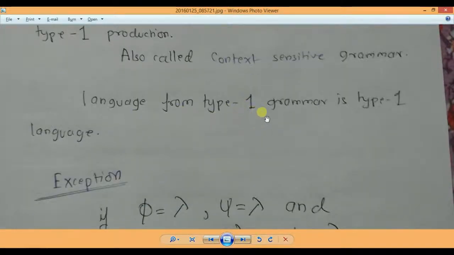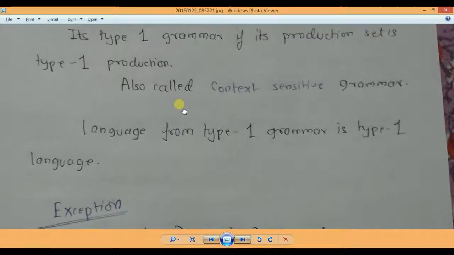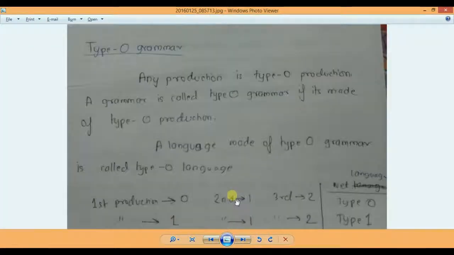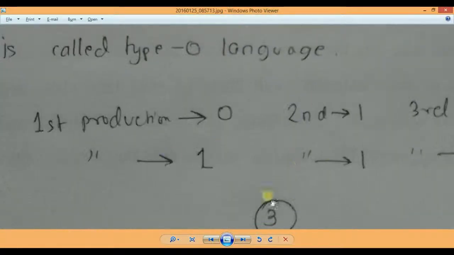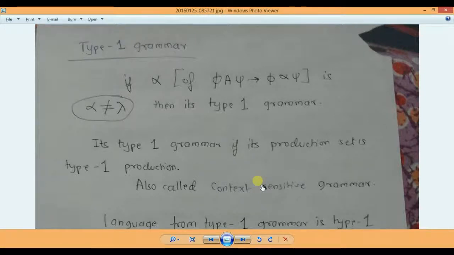Language from type 1 grammar is type 1 language. So the important thing to note here is the condition which will satisfy grammar to be type 1 grammar, and the condition means alpha should not be equal to lambda, and this should not be null.